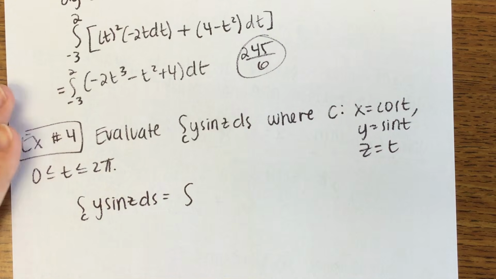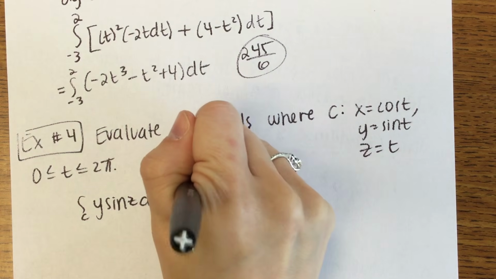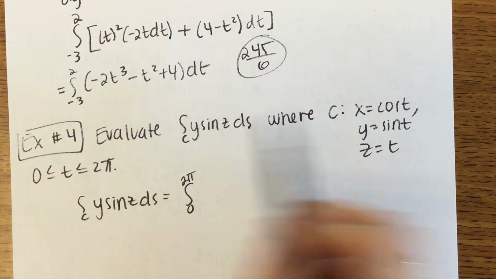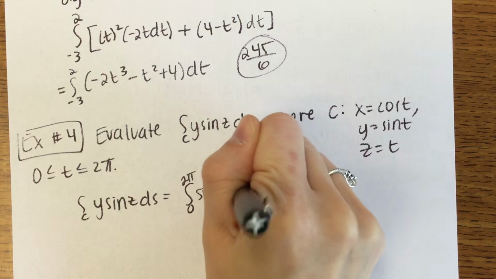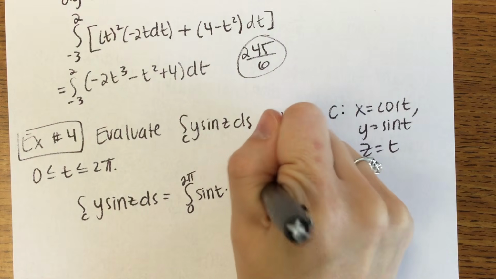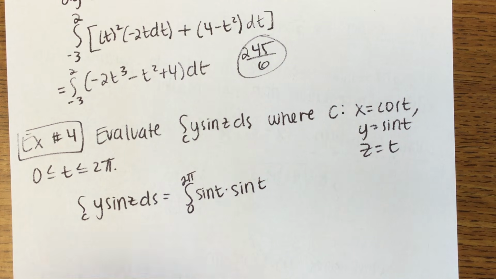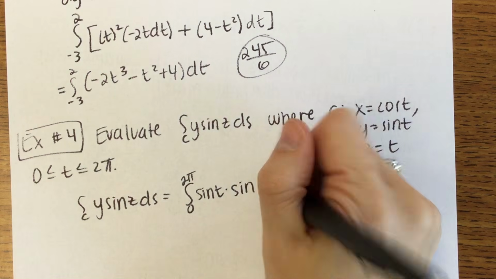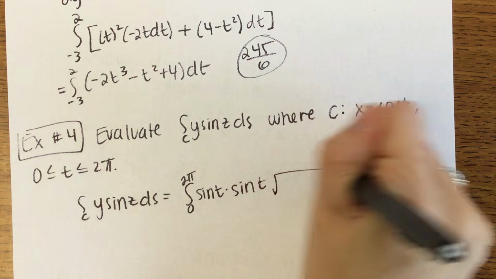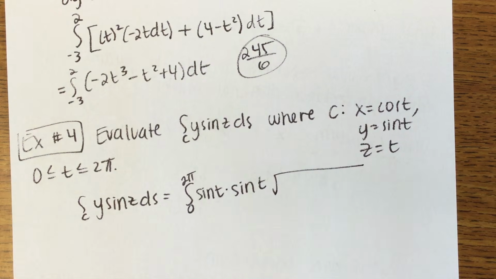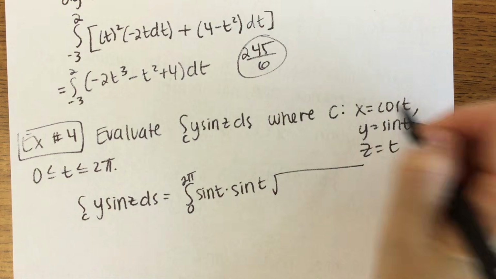Okay, so this then will become the integral from 0 to 2 pi. Y is sine of t. We have sine of z then, which in this case is t, ds. What? Oh, okay. ds is where you do the square root of dx dt squared, dy dt squared, dz dt squared.